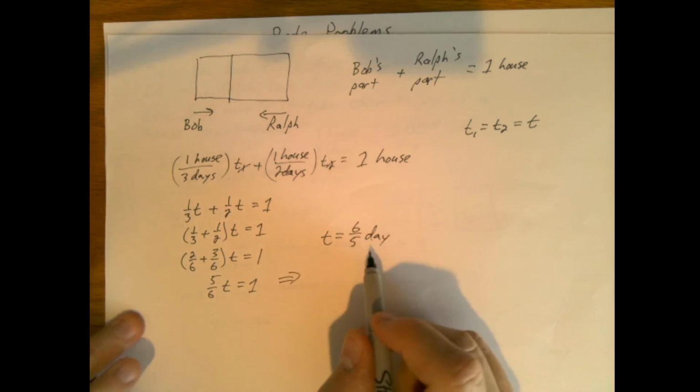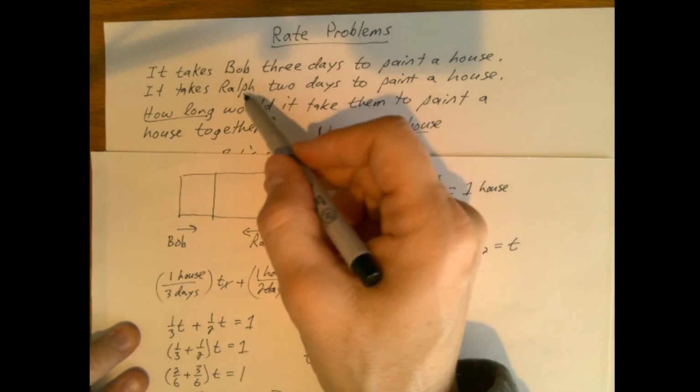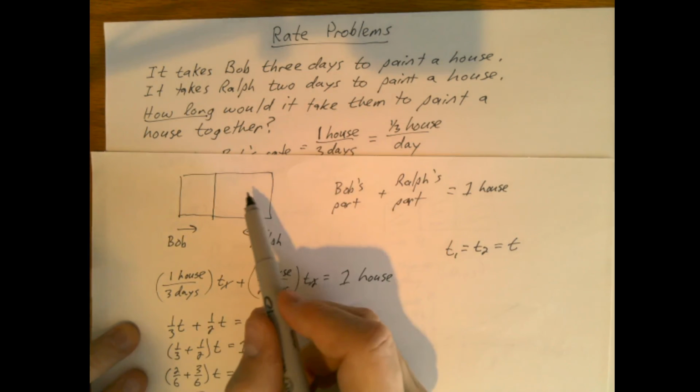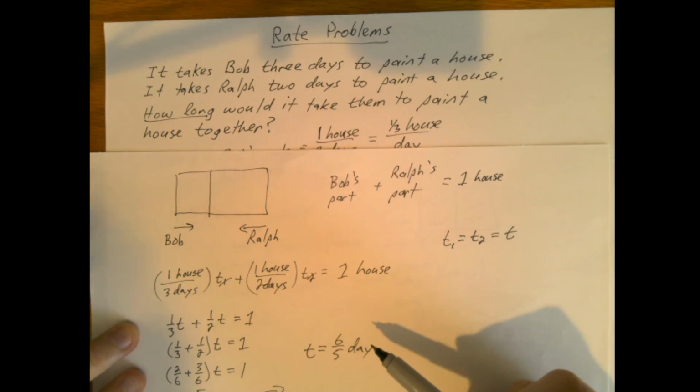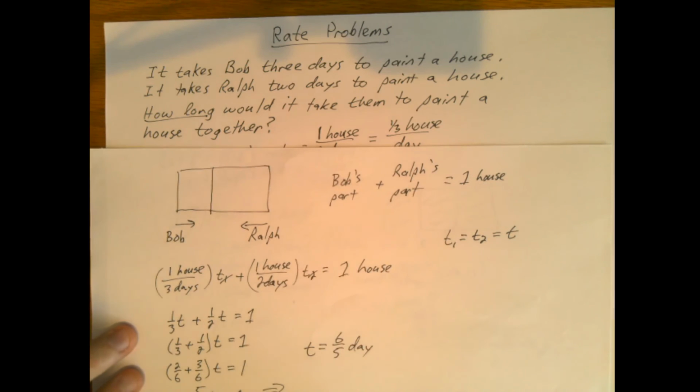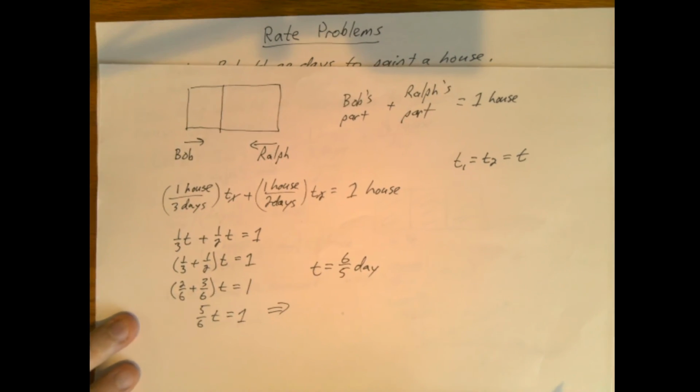Does that seem to make sense? Well, we know Ralph could do it in 2 days by himself. So with Bob helping him, it has to be less than 2, and this is less than 2. And then Bob would be 3 days by himself, so obviously it has to be less than 3, but the 2 is the smaller of the 2. Okay?